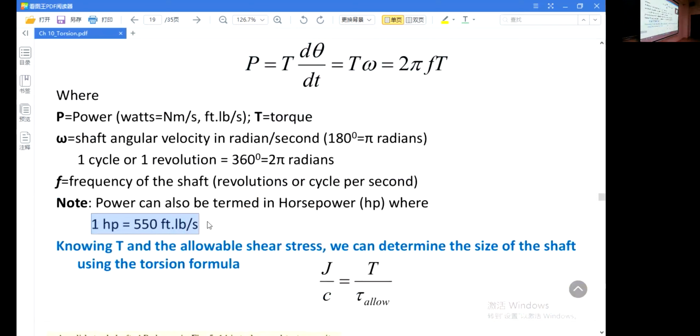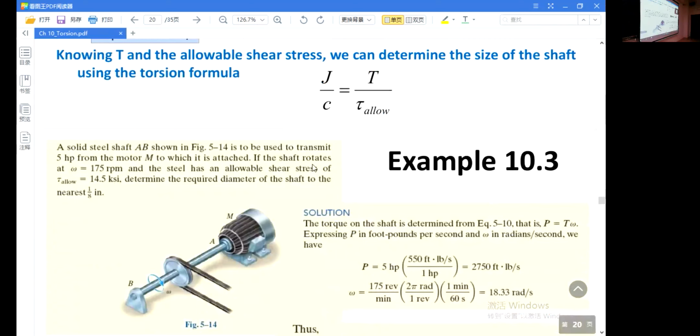So we know 5 horsepower is 5 times 550, which is 2,750 foot-pounds per second. That is the power.